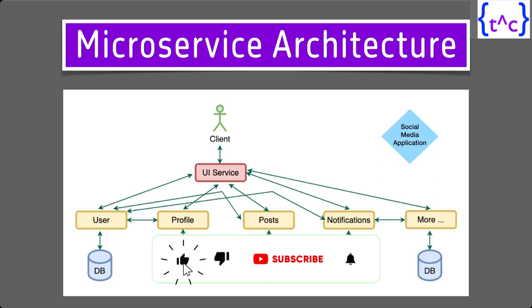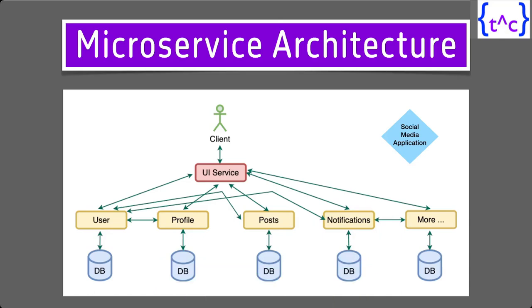Why? Because microservices are small services holding a single responsibility. So in the case of user, you can see this user service is holding all the user-required things. That means the user database, that means username and password in simple terms. So it will be talking to the database for that.